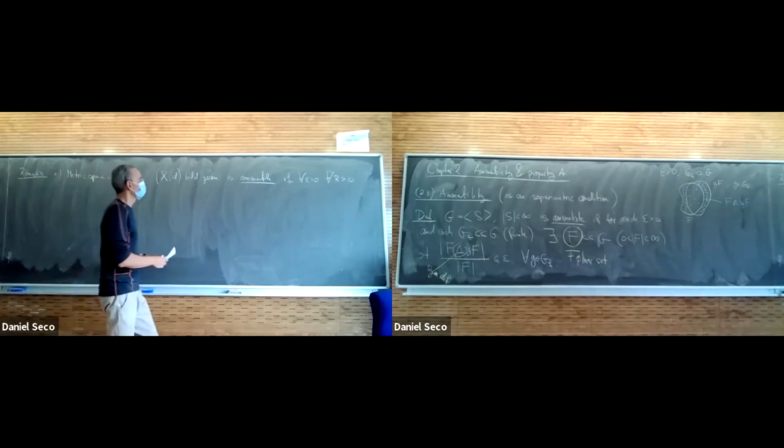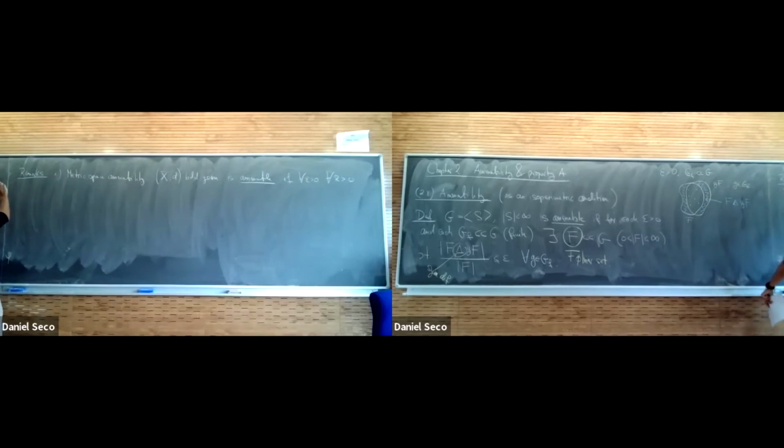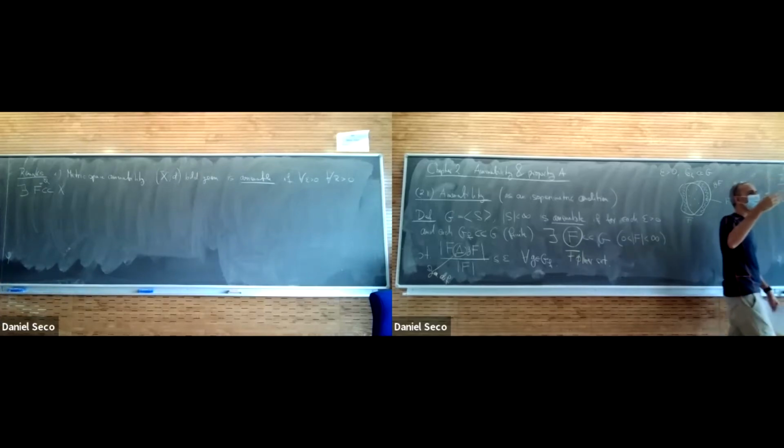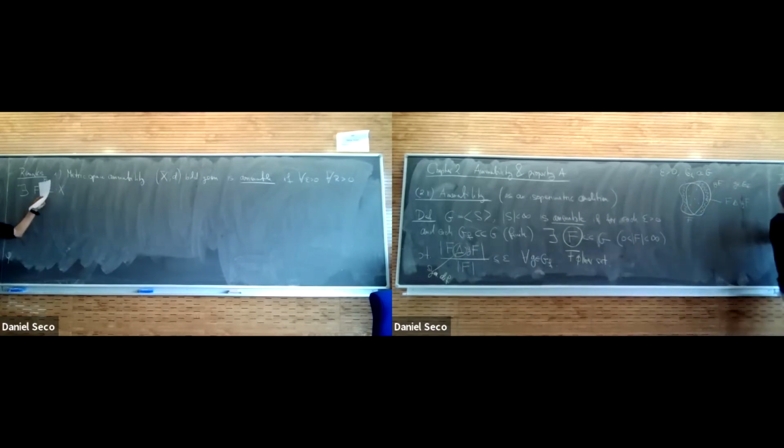Here, if for every r and every epsilon there exists a Fernando set in X, and it's non-empty, very important too. And if you remember my first part of the lecture, I told you that one of the leitmotifs of this course is finite approximation. Amenable groups or amenable metric spaces allow a very nice finite approximation through Fernando sets. Okay?